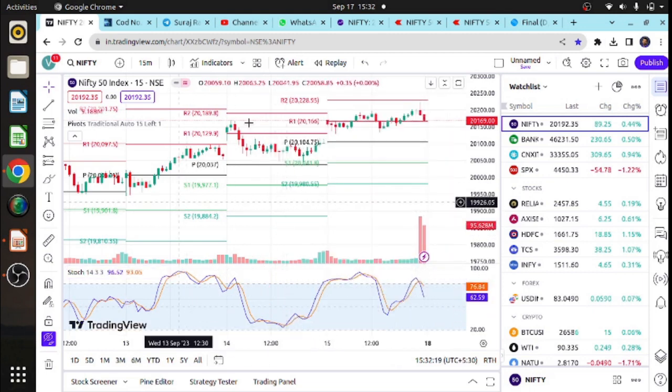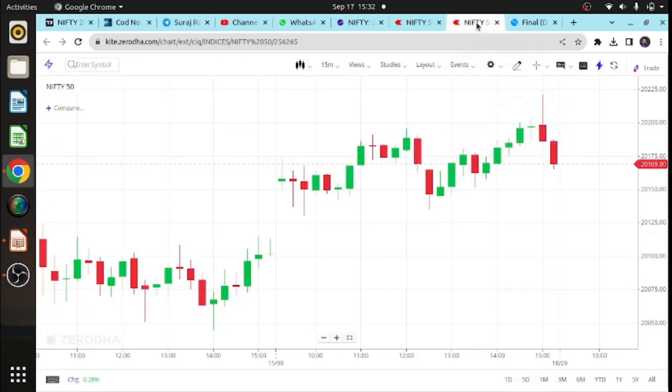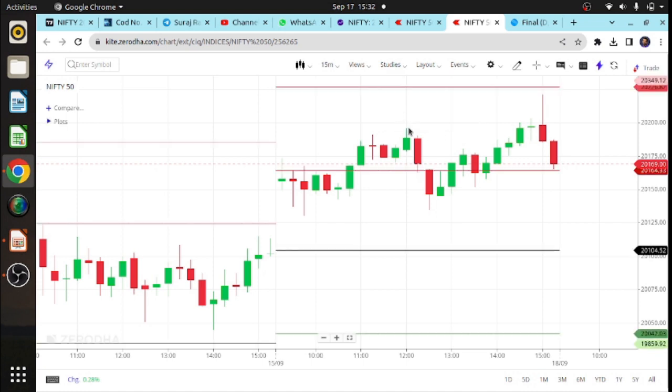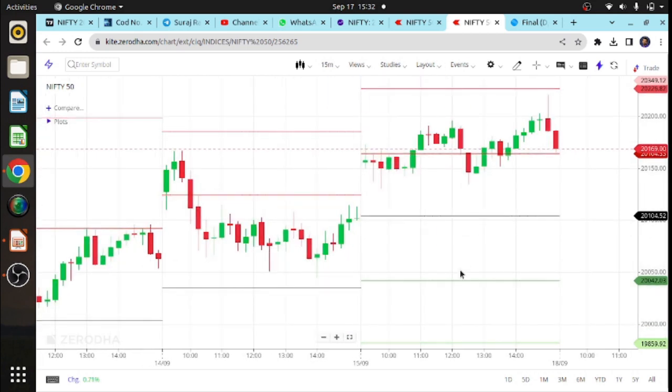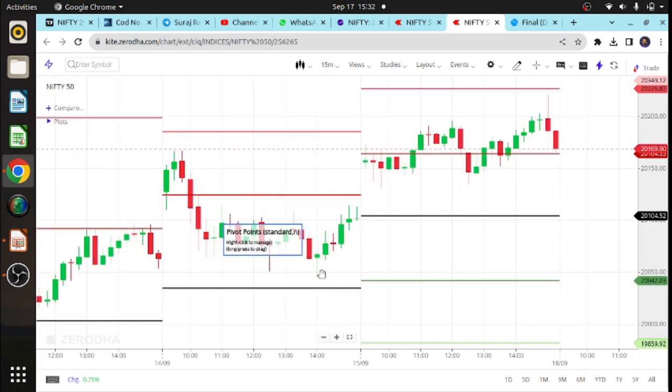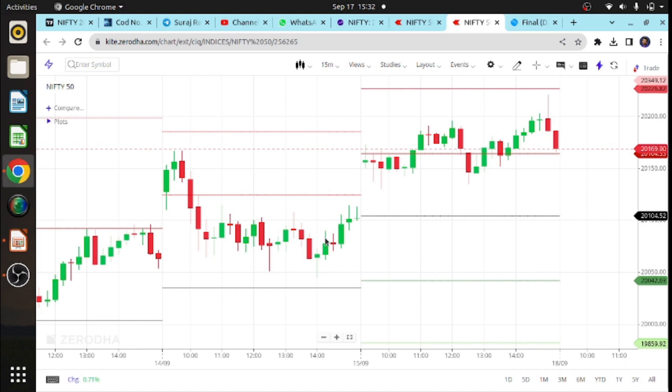The same we can do in Zerodha. Go to Zerodha charts and in studies type pivot, so the pivot point will be added. The good thing about Zerodha is that it already had red and green colors, so I changed those colors there also. It helps in determining support and resistance.